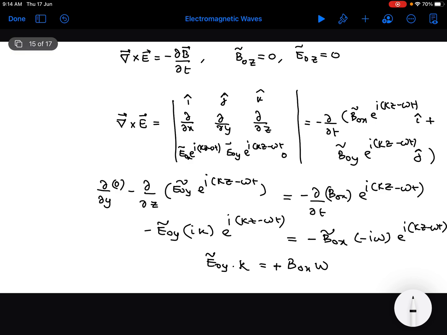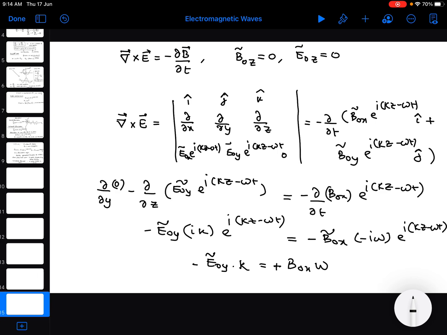Okay, I forgot to put this. So this is the x component, and similarly we compare the y component.